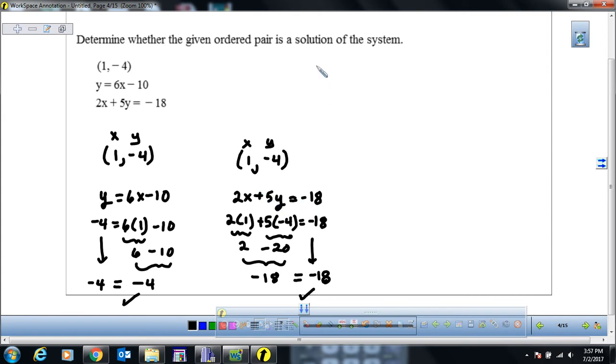Now, since the point (1, -4) is a solution to the first equation and to the second equation, then we can conclude, therefore, that (1, -4) is a solution of the system.